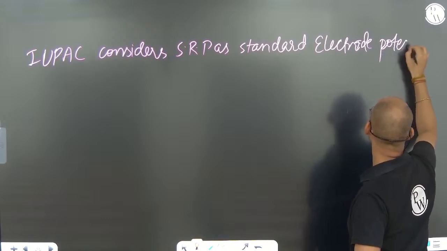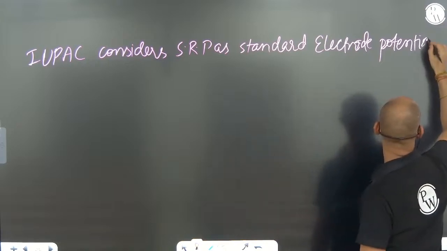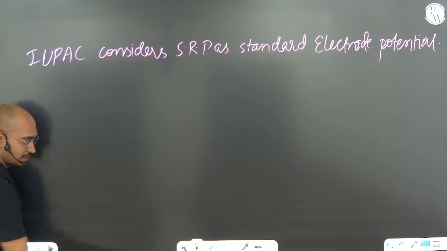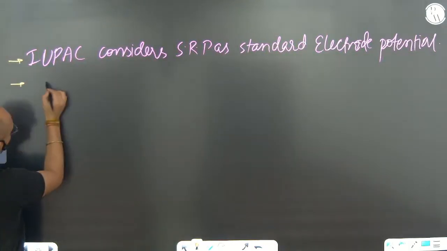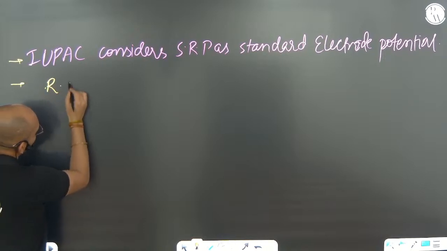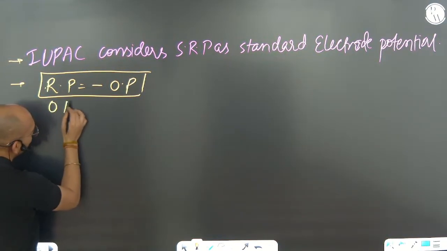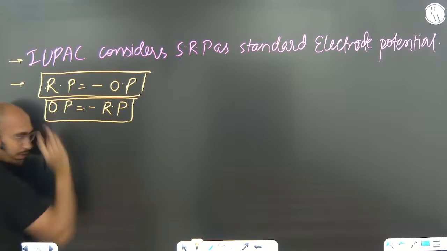So rather than taking OP, oxidation potential, we'll take RP, that is reduction potential. And always remember, reduction potential is equal to minus of oxidation potential, or oxidation potential is equal to negative of reduction potential. Okay, not a big deal.